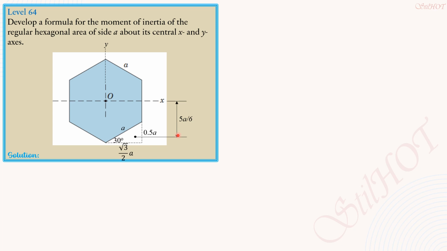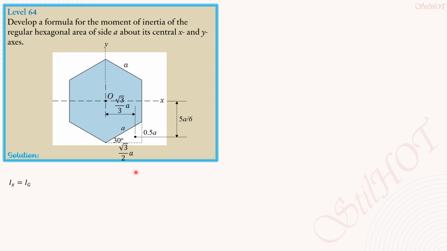Again, 5/6 a is a over 2 plus 2/3 of 0.5a. The other way is a minus 1/3 of 0.5a, so a minus 1/6 of a, so 5 over 6 of a. Then this distance is 2/3 of square root of 3 over 2 a, so that would be square root of 3 over 3 of a.